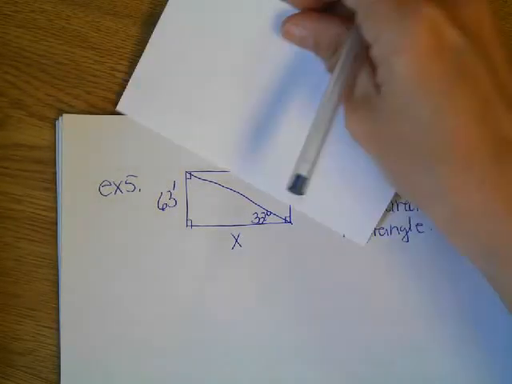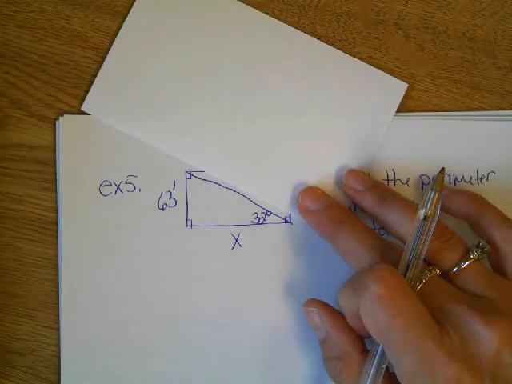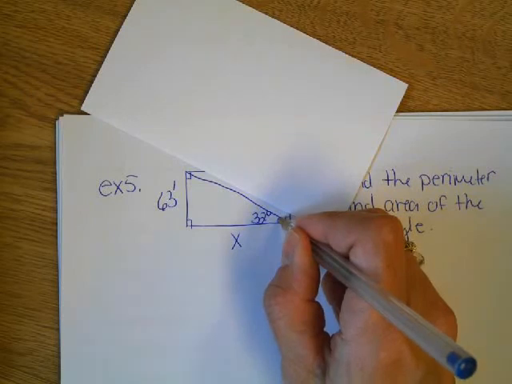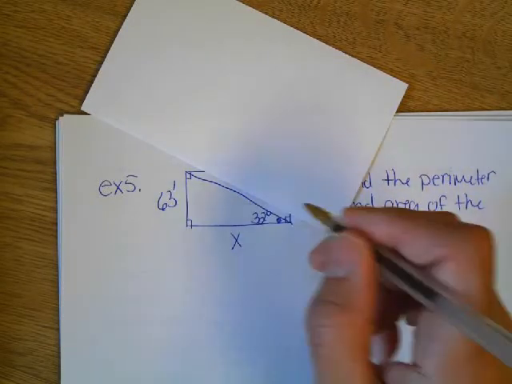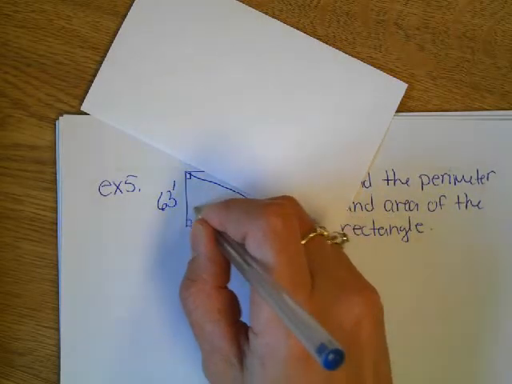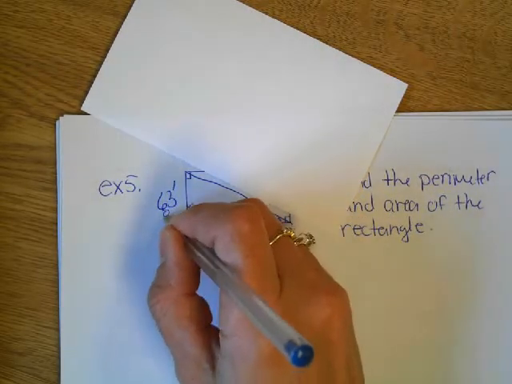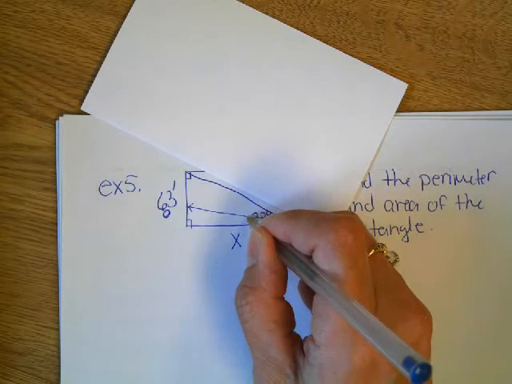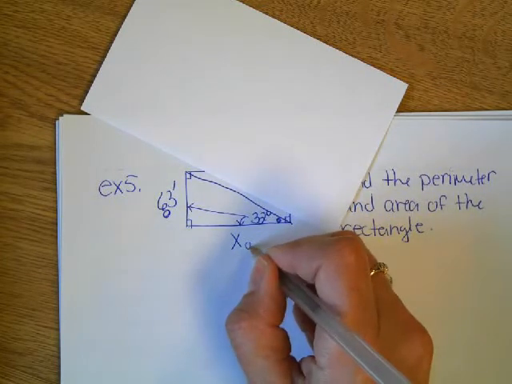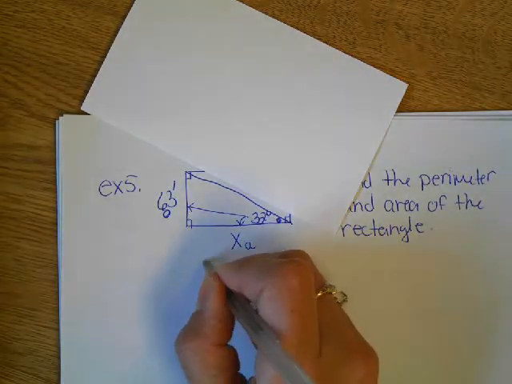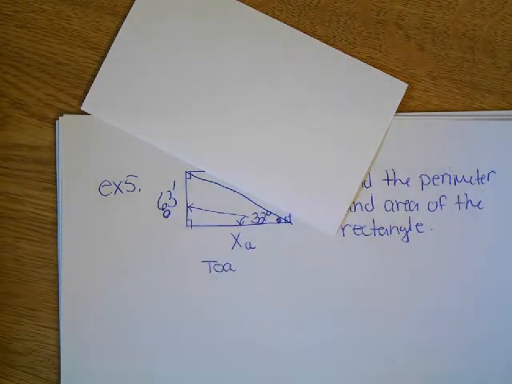We're going to stand at this 32-degree angle and identify these two sides just like we've been doing. That puts this one as the opposite leg and this one as the adjacent leg because the hypotenuse is the diagonal. So opposite and adjacent, TOA is going to help us figure out that missing side.